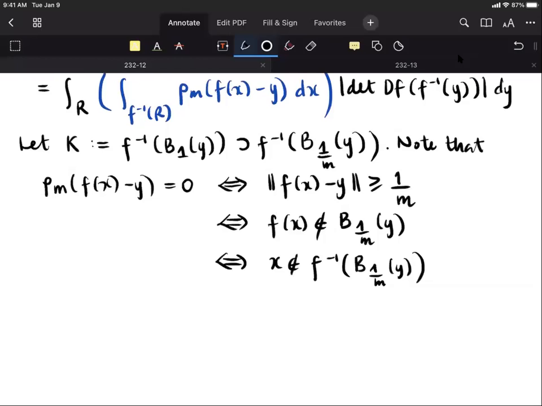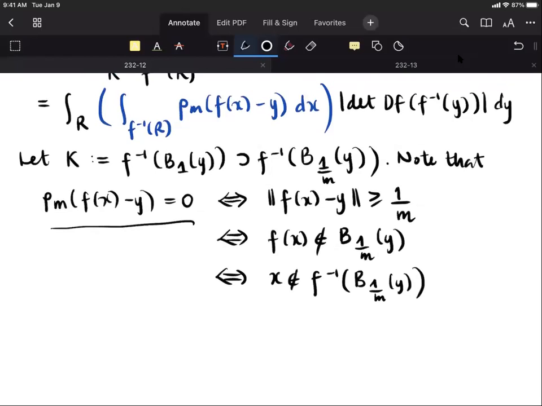So therefore, our function, or rather the integrand, is 0 outside this ball, or the inverse image of the ball.